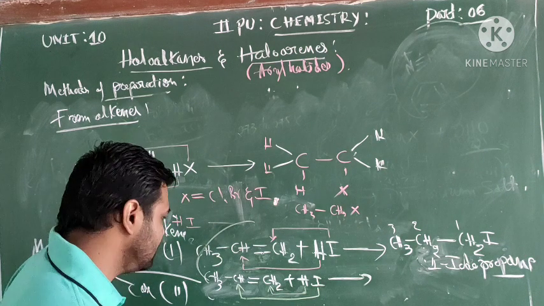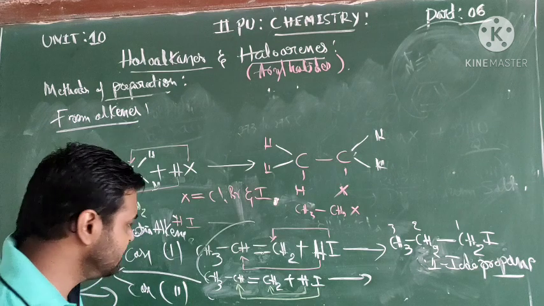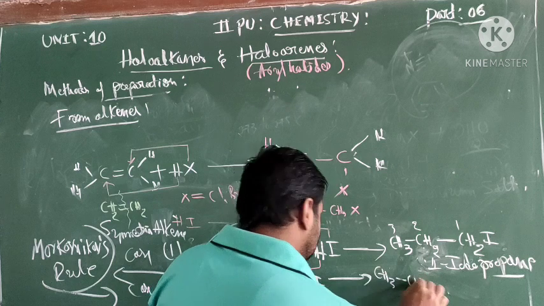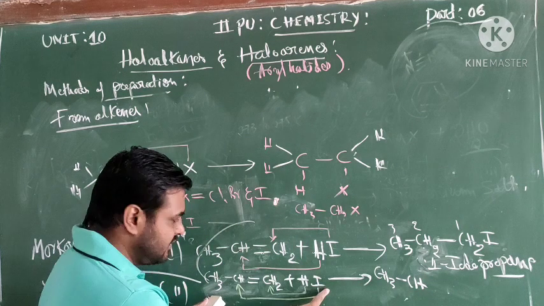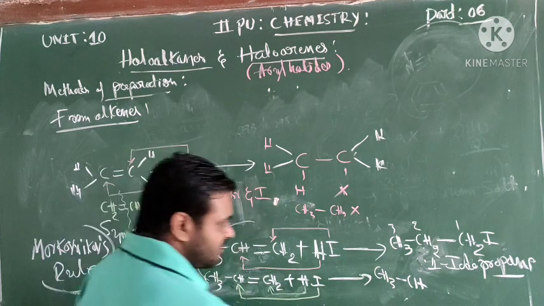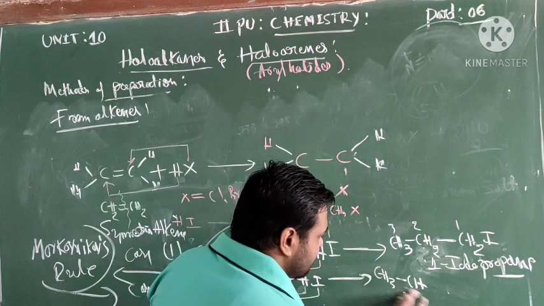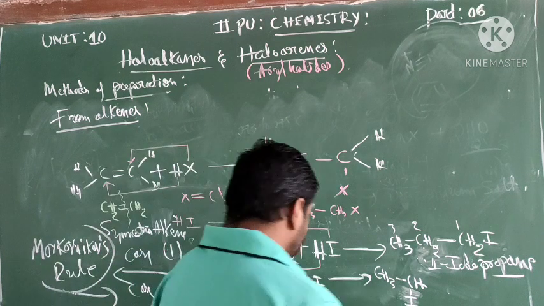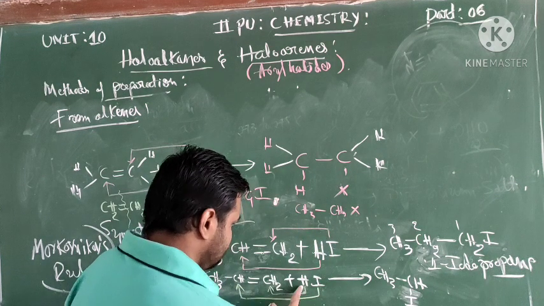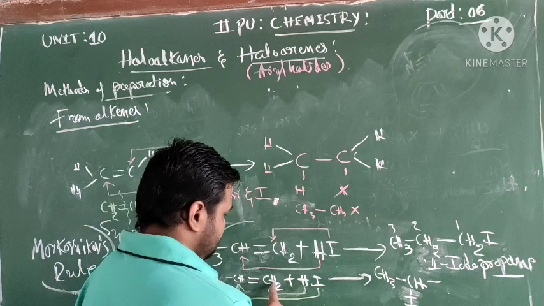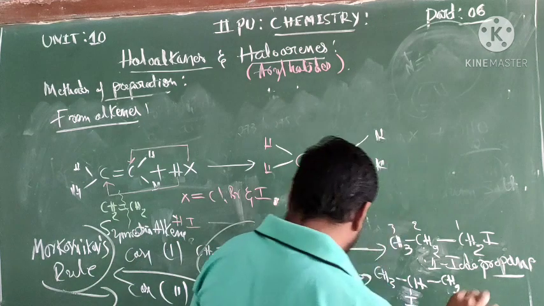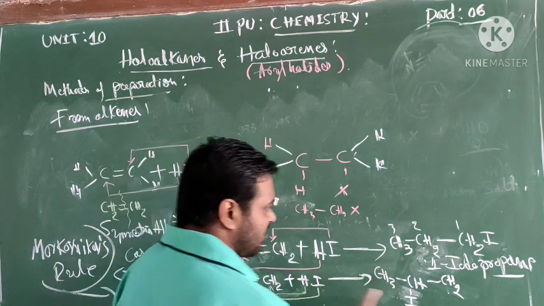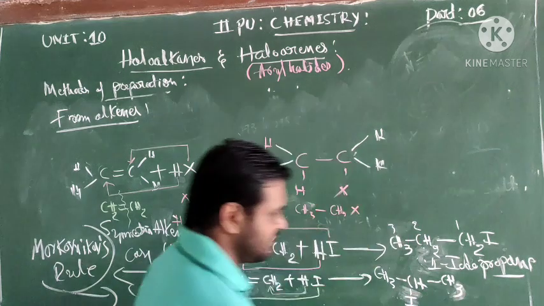See here, first thing. Later I will explain the definitions. So the product will be CH3, CH. This iodine is attached to this carbon atom, right? The remaining is a single bond, CH2, in which the hydrogen is attached to carbon, making CH3.